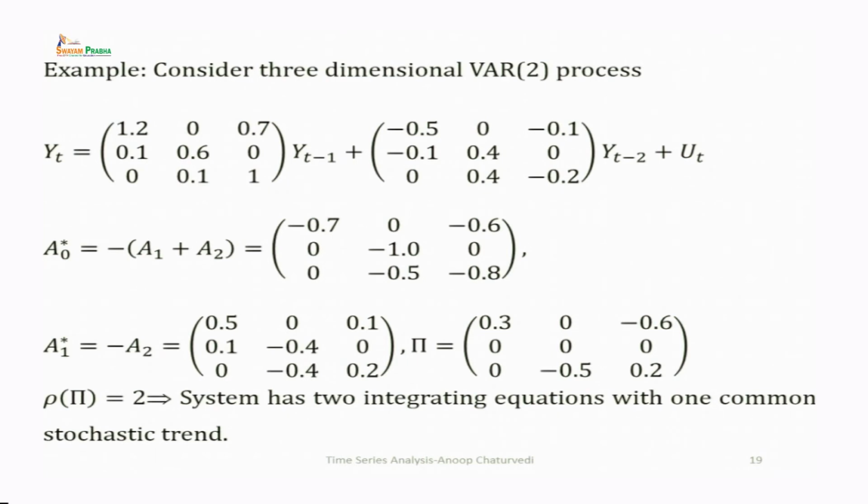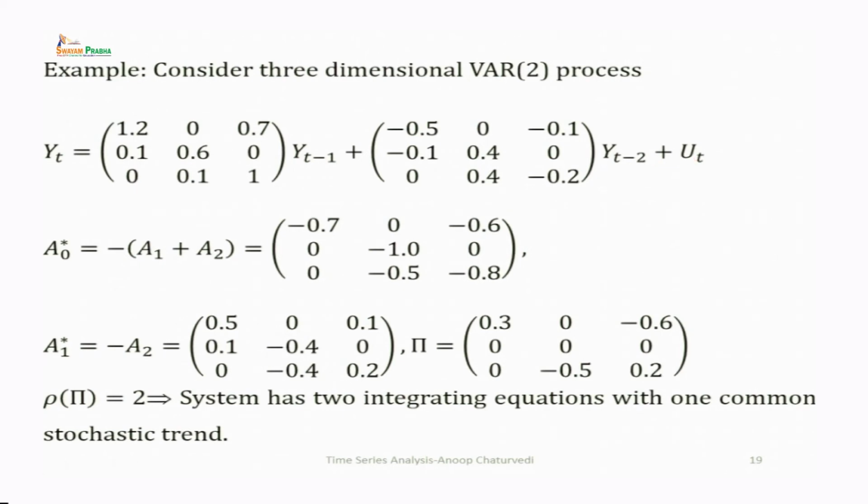Now, we consider a 3-dimensional VAR2 process. So, y t is equal to this matrix which has elements 1.2, 0.7, 0.1, 0.6, 0, 0, 0.11, times y t minus 1, plus this matrix times y t minus 2, plus u t.